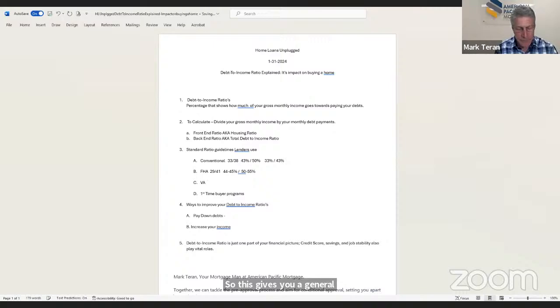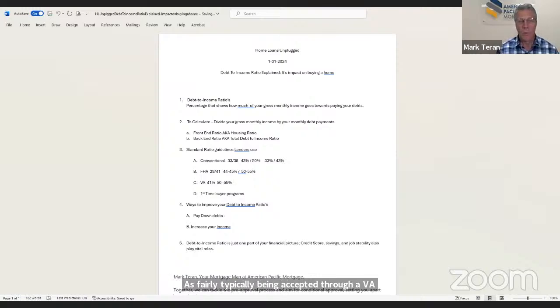VA, typical ratio guideline is 41%. To exceed that, doing an automated underwriting, I often see 50 to 55% as fairly typically being accepted through a VA automated underwriting engine.